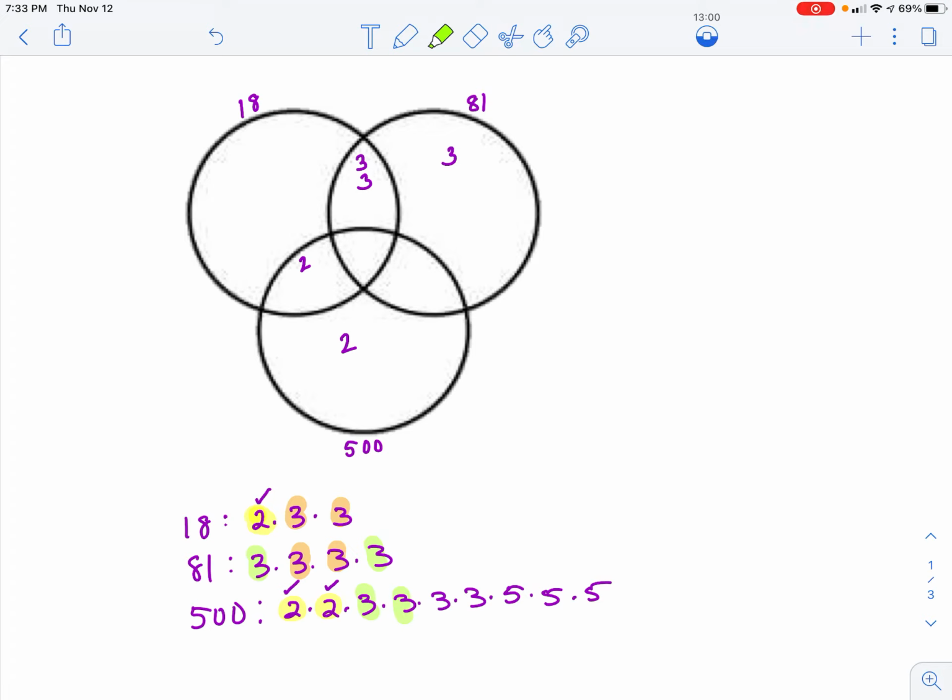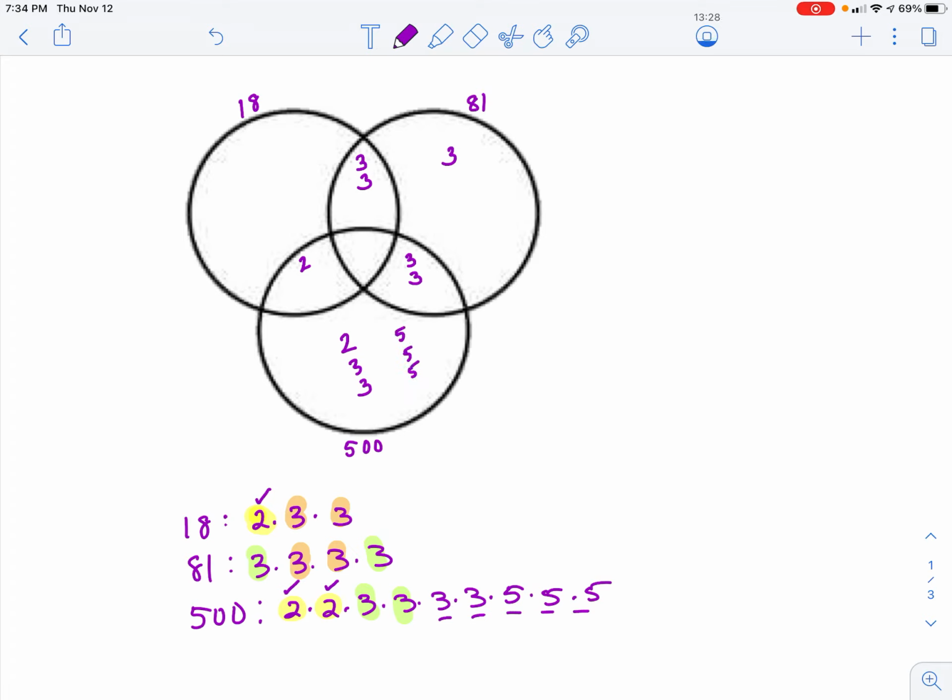So where the circles overlap for 81 and 500, we're going to put what's common there, and it's those other 3's I've put in green, but I'm only going to put 2 in there. And then 500 has 2 of its own 3's here, so I'm going to put those in just the 500 circle, and then also 3 5's.